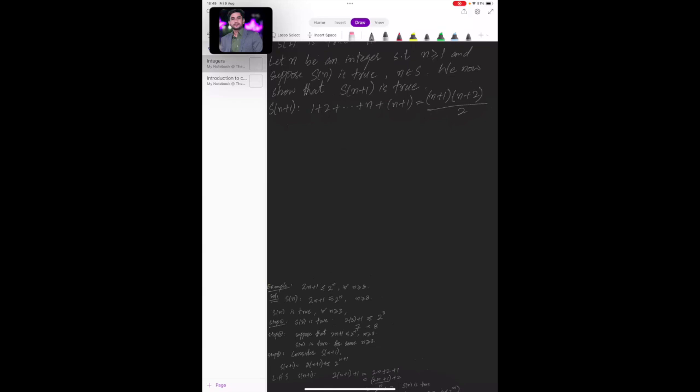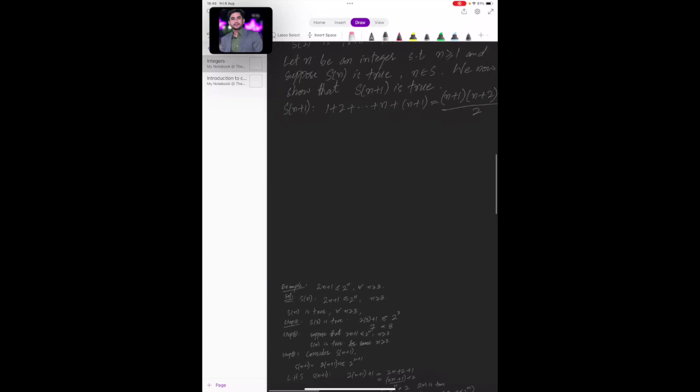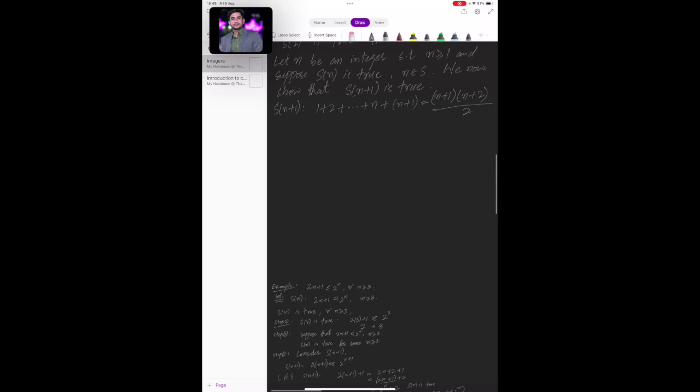Now consider the left-hand side. We will get 1 plus 2 plus up to n plus n plus 1 equals, up to here, n into n plus 1 over 2 plus n plus 1.